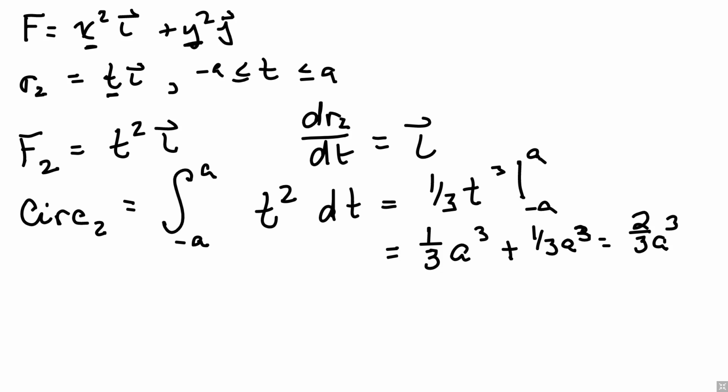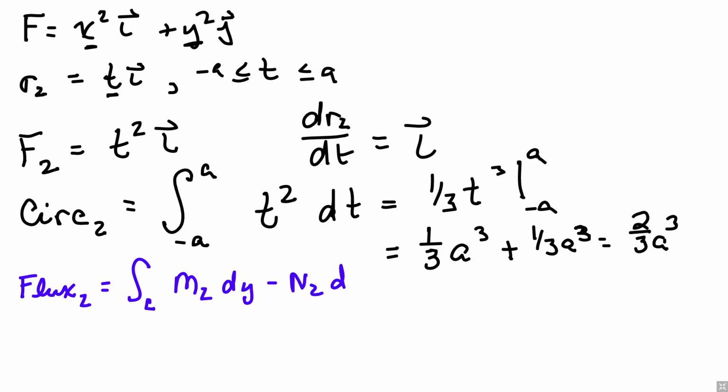Okay, so for the flux, for the second path, it is going to be the line integral, and we're going to look at M2 dy minus N2 dx. Okay, so let's identify each piece. What's M2 going to be? T squared.